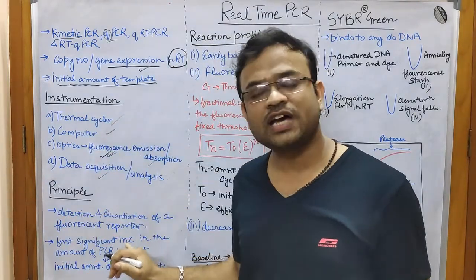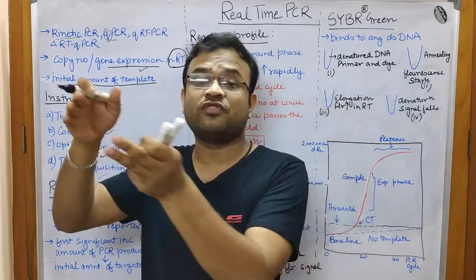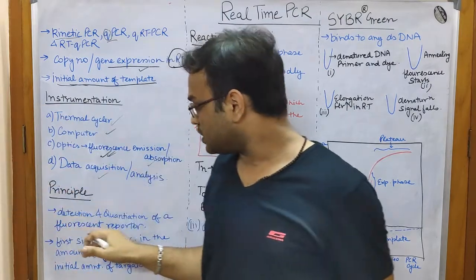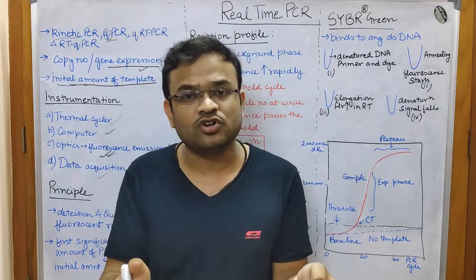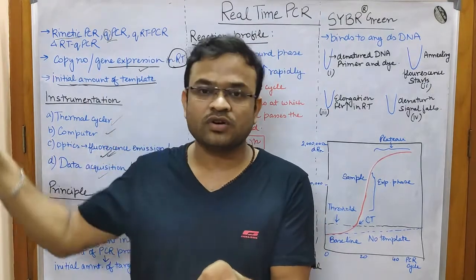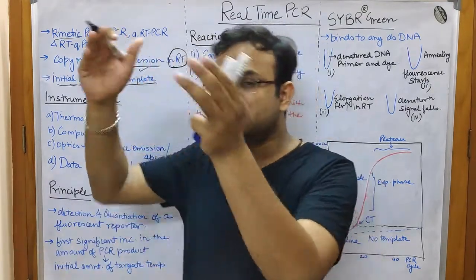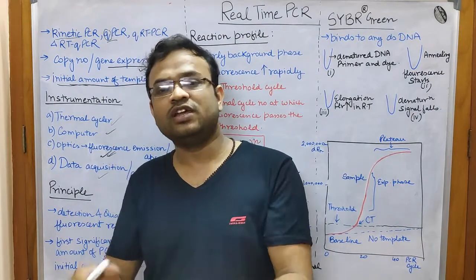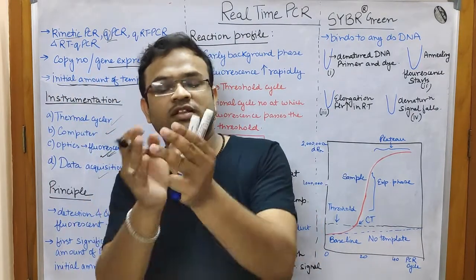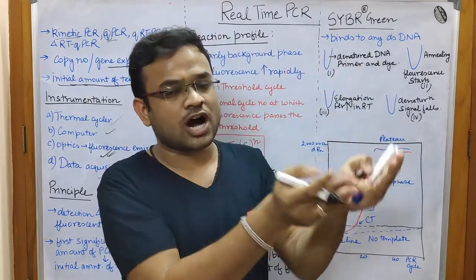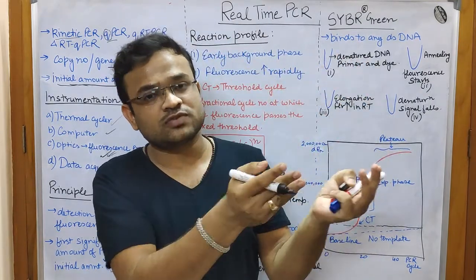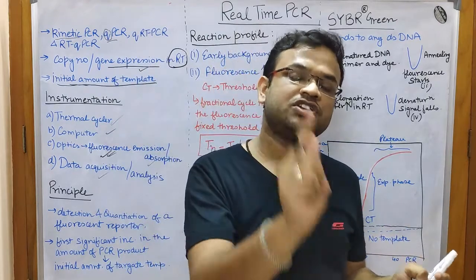With the help of that, we would come to know that this much reporter is present. Now when this much reporter is present, definitely the reporter would have bound to the PCR product. So we can guess that this much of the product was formed, and if we know that, then we can come to know how much gene was expressed, or how much of the product was initially present.